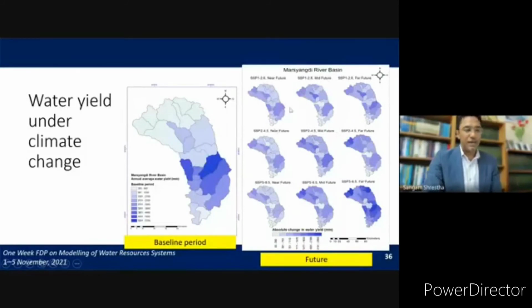And the right-hand side is the water yield under the climate change conditions under SSP1, SSP2, SSP5, and all the future periods, right? Near future, mid future, and far future. You can see the northern part and the central part of the sub-basins have higher water yield compared to the other parts of the basin.